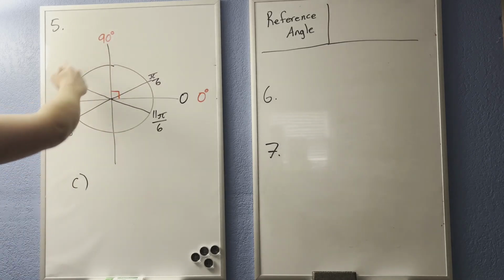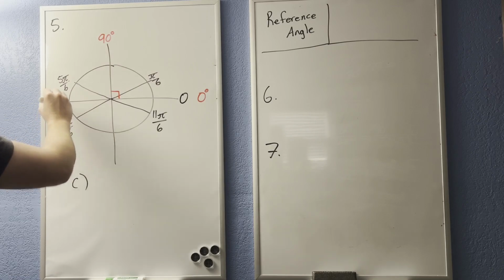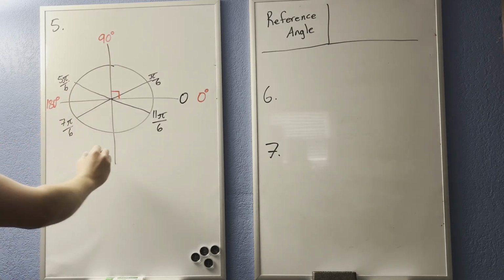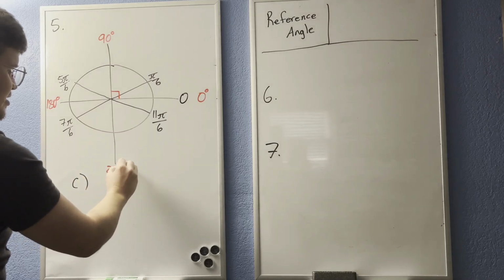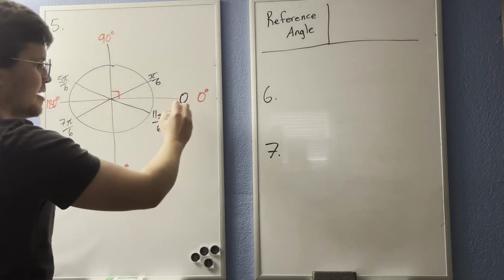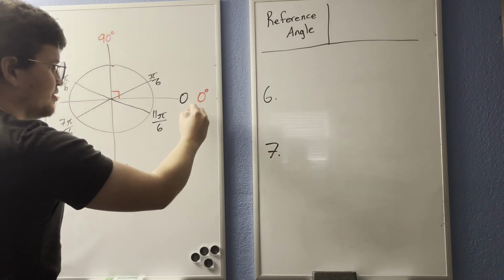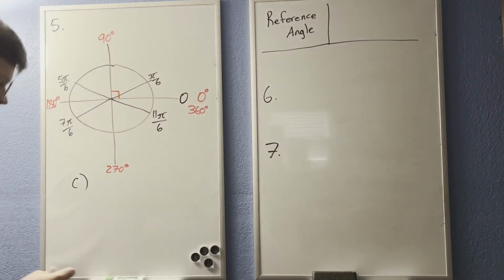Another right angle to get down here, I'm at 180 degrees. Another right angle, I'd be at 270 degrees. And if I did another right angle, I'd get back to the starting place, which was 0 degrees. We might also put 360 degrees here. So those are the degree measures for each of the axes.